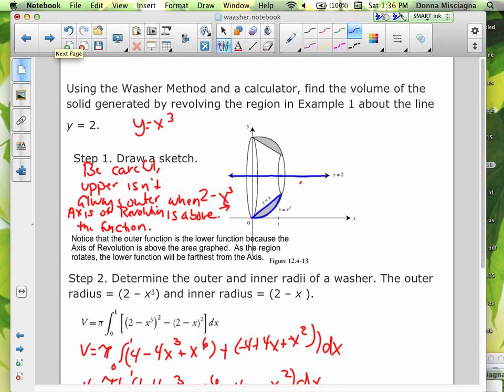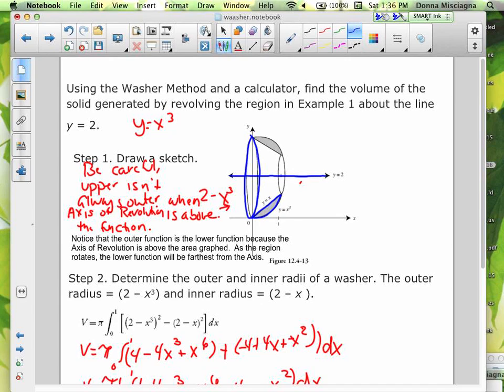Since the line is above, the outer one is not just x cubed, but 2 minus x cubed, because we're revolving around this line. You have to take that into account if you revolve around something besides the x-axis.